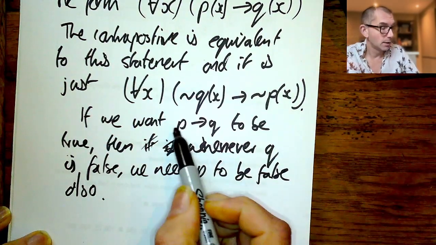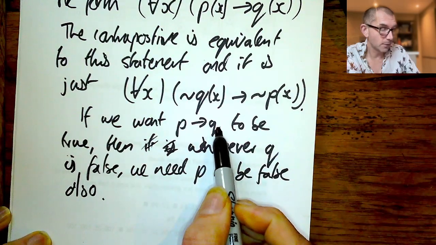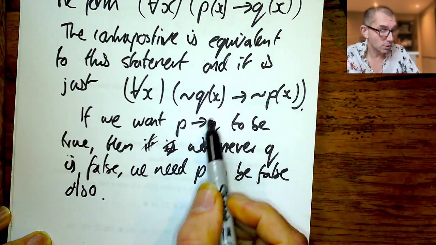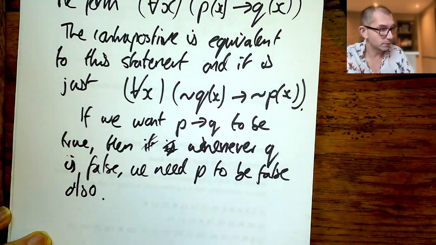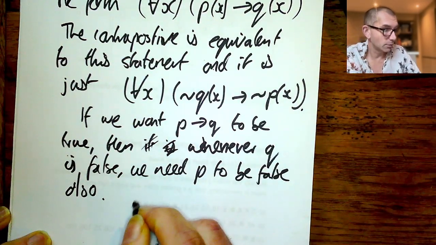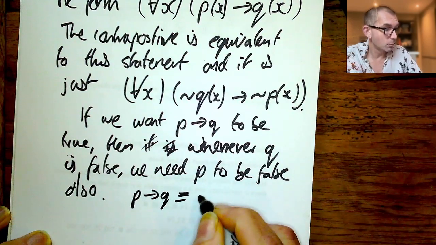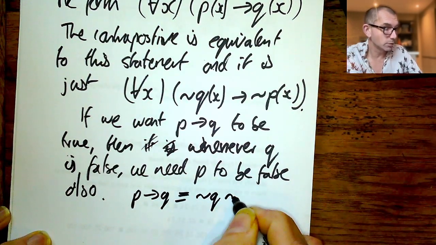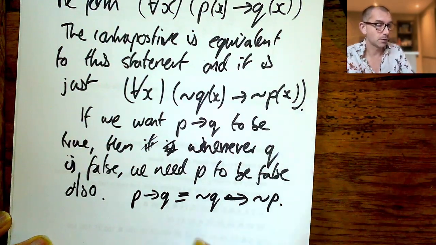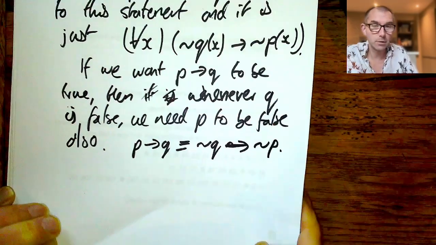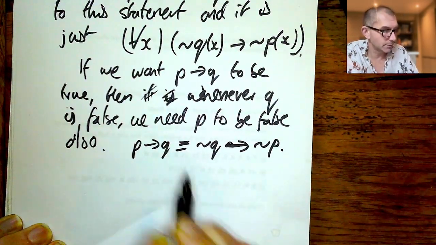Right? This will be false only when this is false and this is true. So as long as whenever this is false, this is also false, then we're going to get the equivalent statement. So P implies Q is equivalent to whenever Q is false, P is false also.